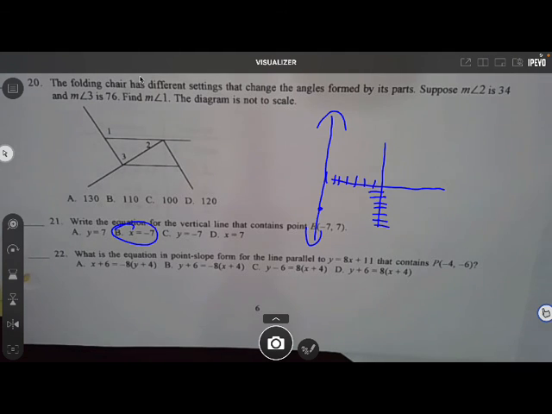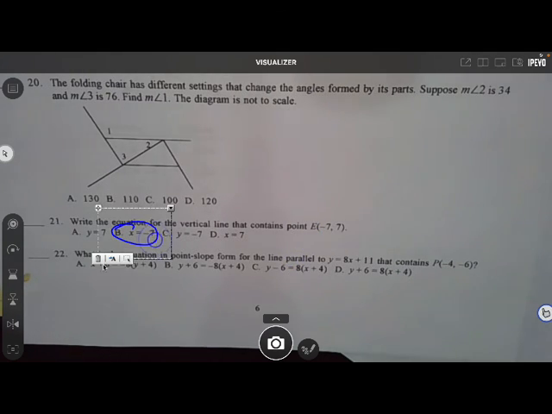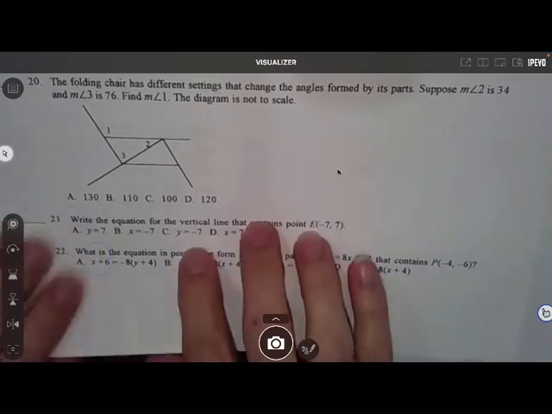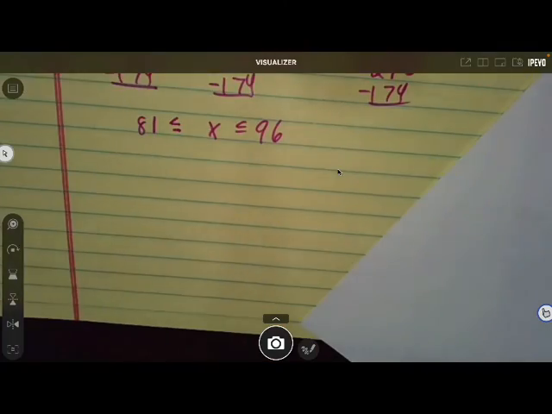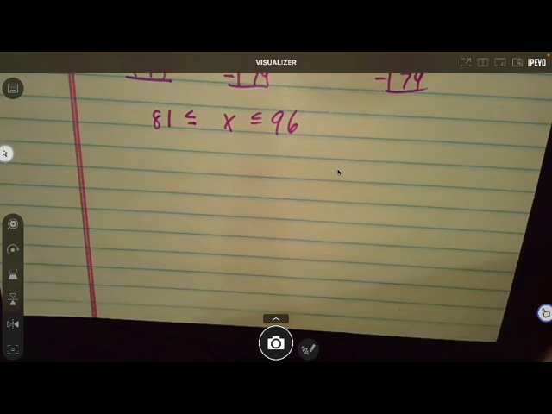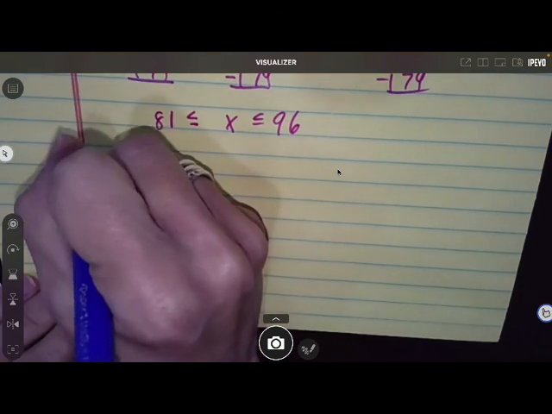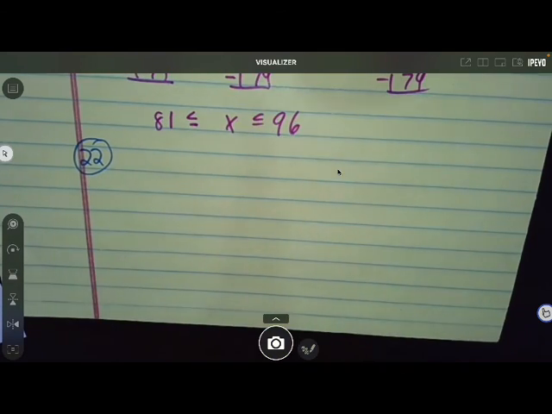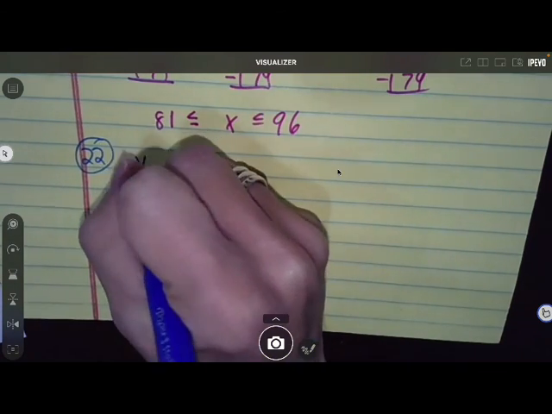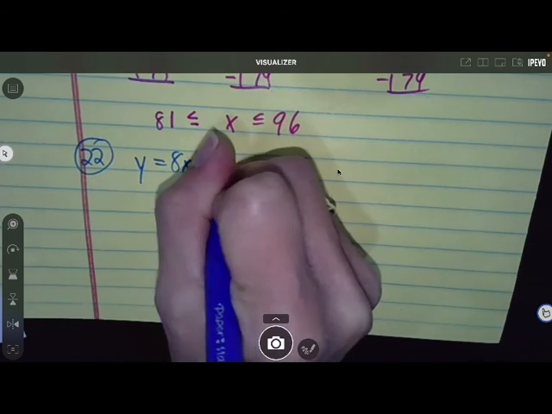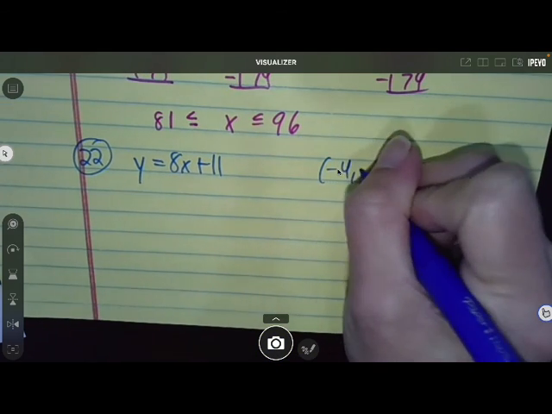Okay. Next up, number 22. Let me delete those. I'm going to write this one down. It says, what's the equation in point slope form of a line that's parallel with this point?